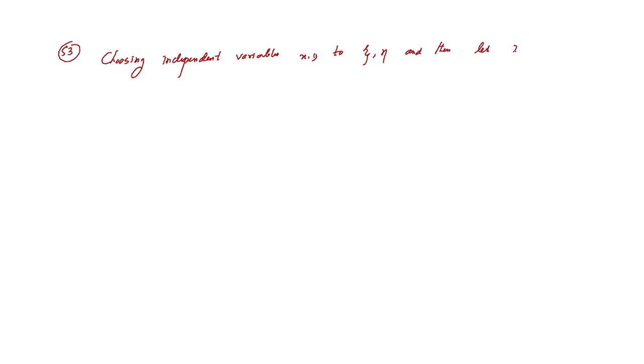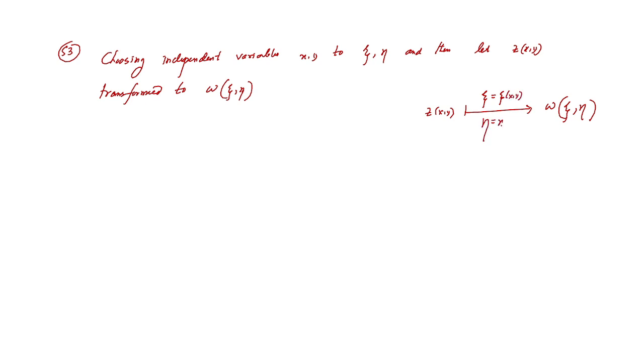then let z(x,y) be transformed to omega(xi, eta), where xi is a function of x and y, and eta is also a function of x and y.